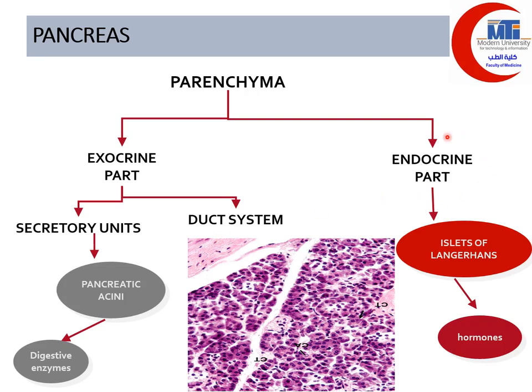And the endocrine part is formed of islets of Langerhans. These islets of Langerhans are multiple pale areas scattered between the pancreatic acini.